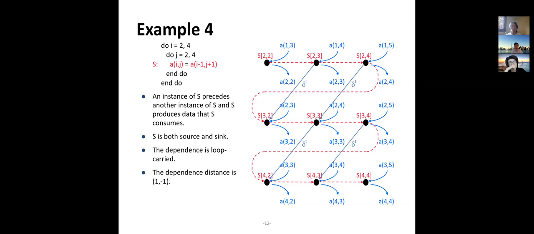And the distance is a vector (1, -1), because if you look at the true dependence here, it increases in the first dimension, 2 to 3, 3 to 4, but it goes down in the other dimension, right? So it's 3 to 2, here it's 4 to 3, here it's 4 to 3, 3 to 2, right? You see, right? So the dependence goes in the direction (1, -1). And this is how you write this. Okay.